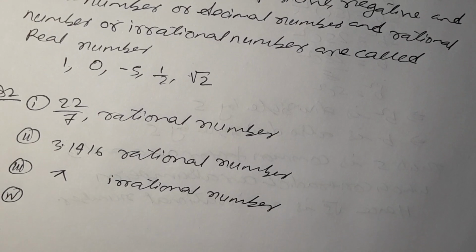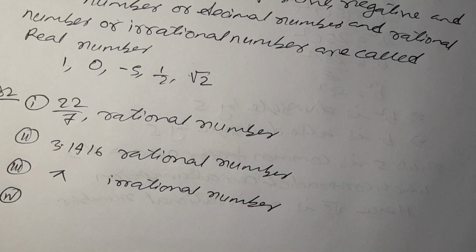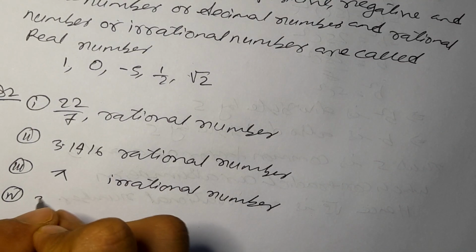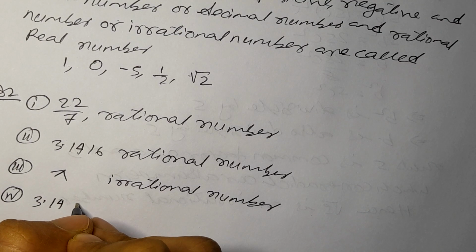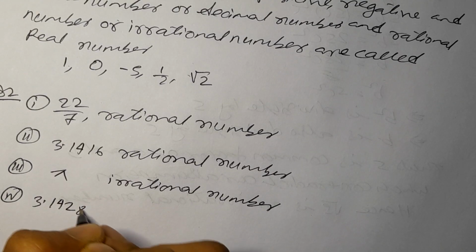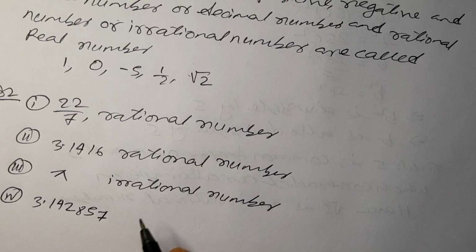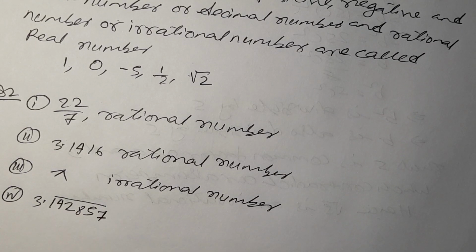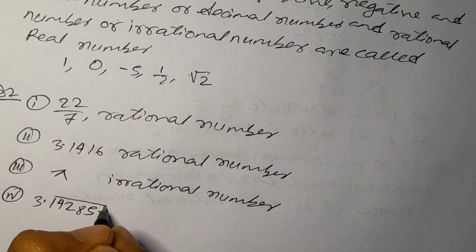So it is an irrational number. Roman number 4. It is given 3.142857 with a bar. What does this bar mean? This means that after this, the number will repeat again.